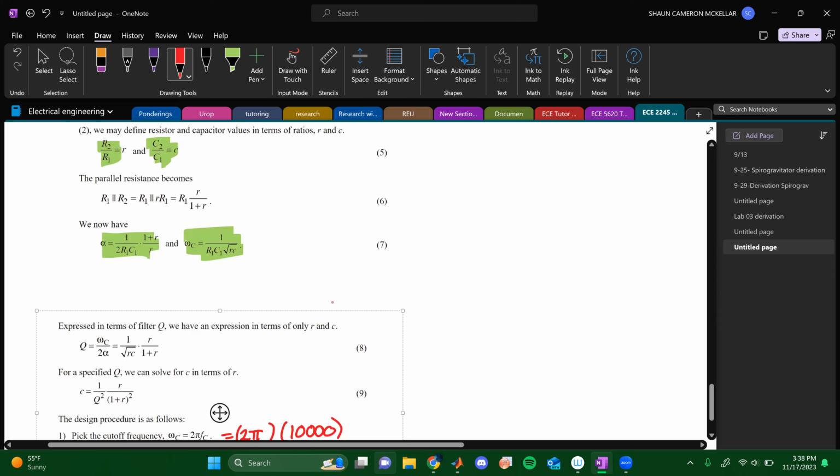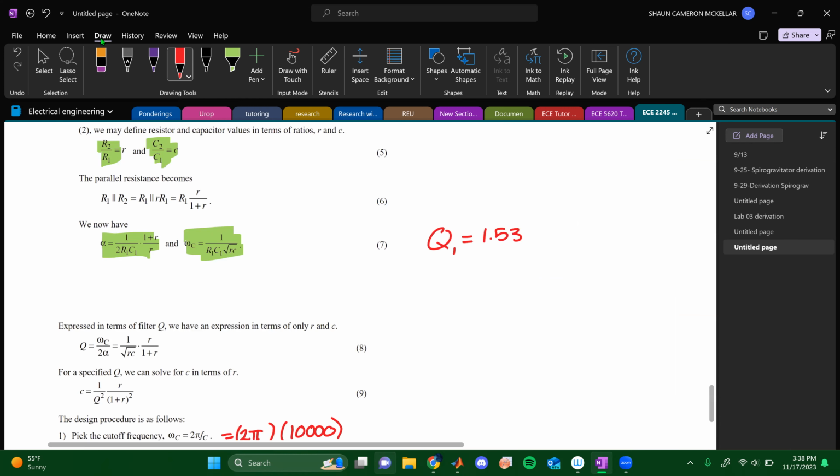We know, for example, Q1 equals 1.53, and that's equal to omega c, which was 1 over the square root of R1, R2, C1, C2, as our numerator, and our denominator is 2 times alpha.